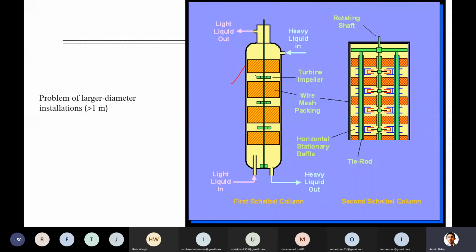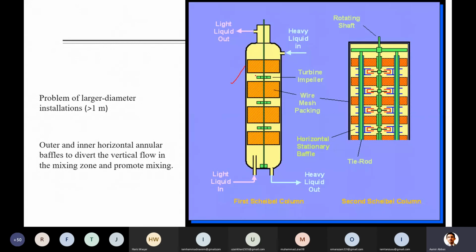Here the baffles are of a similar kind, but there you usually have segmented baffles, where some segment of the baffle is missing in order to allow the liquid to flow. Here we are not putting baffles throughout the equipment, only in some of the segments, and due to this he introduced outer and inner horizontal annular baffles.